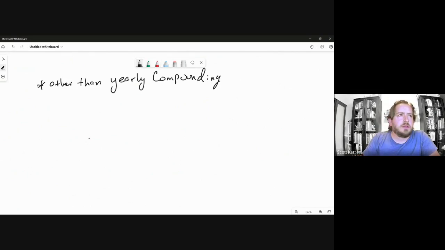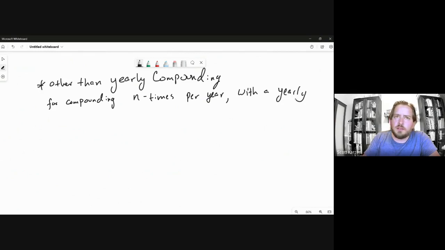So if you're compounding N times per year, with a yearly rate, no matter what your compounding period is, typically they'll give you a yearly rate.